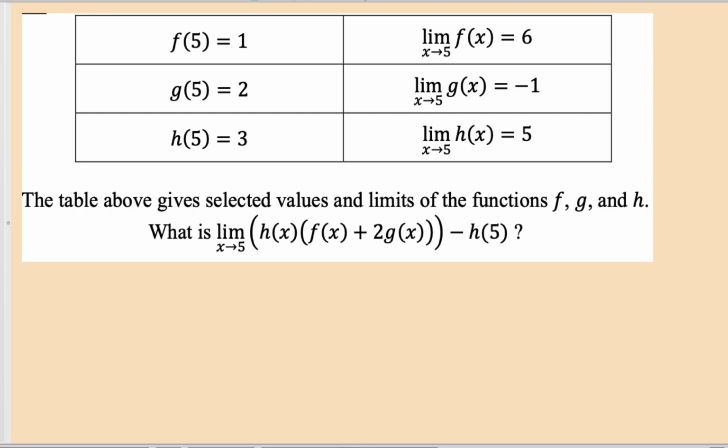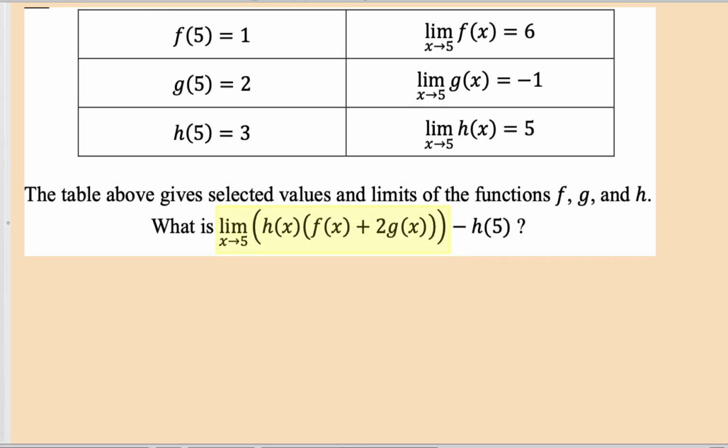I want to call your attention to the fact that the limit is only in this first part. This is actually just function notation, and that's going to allow us to use this part right here. So this is going to be a 3. All right, now this is a sum. This is timesing by a constant, and we also have a product. So as x approaches 5, h of x looks like it approaches the number 5, parentheses.